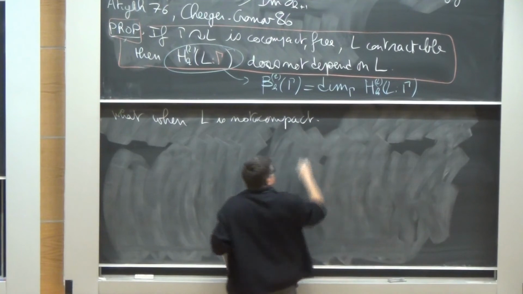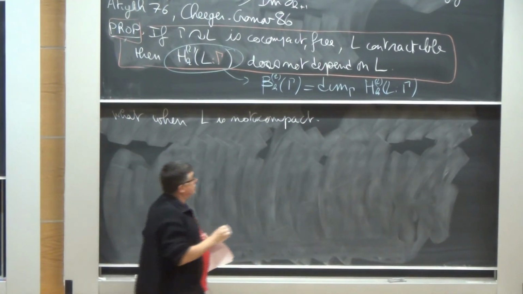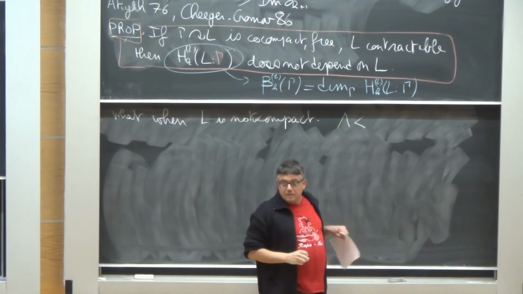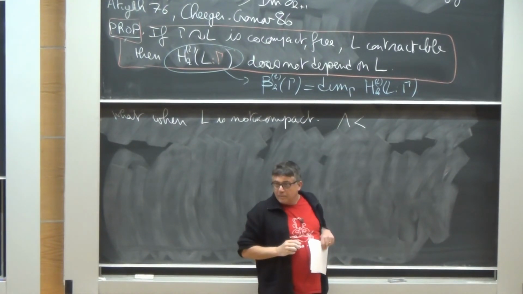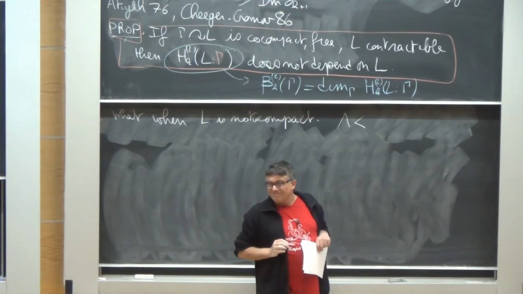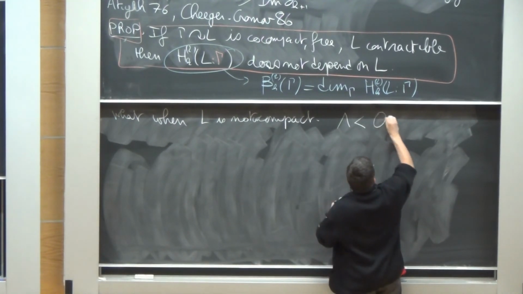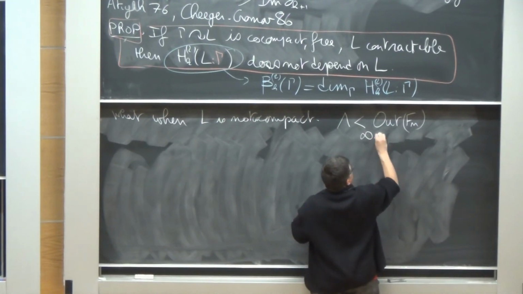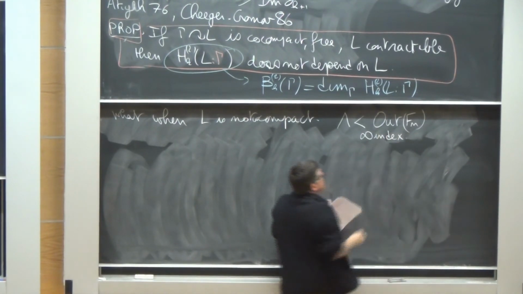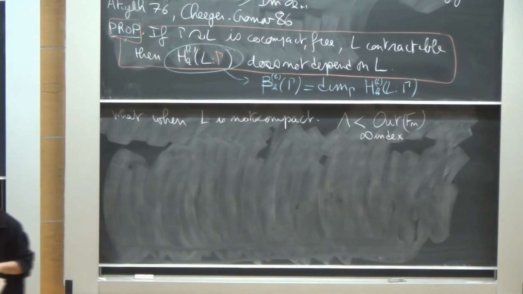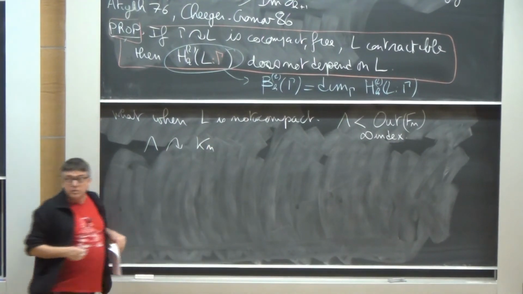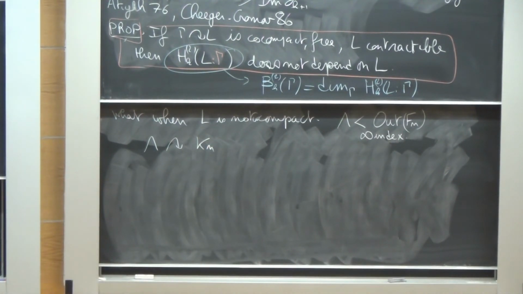For instance, if I consider a subgroup of my favorite group, a subgroup of infinite index, a very small subgroup in Out(F_n). Out(F_n) acts on the spine K_n, so Lambda also acts on K_n. But this is no more co-compact.